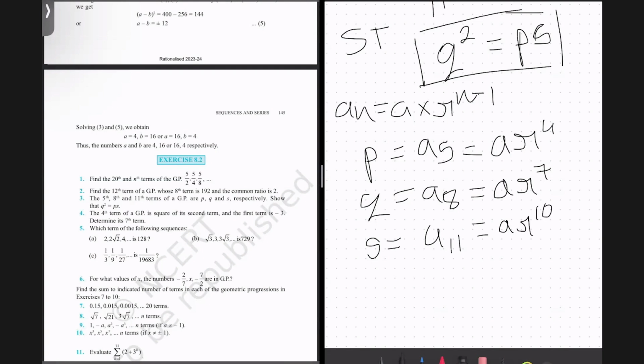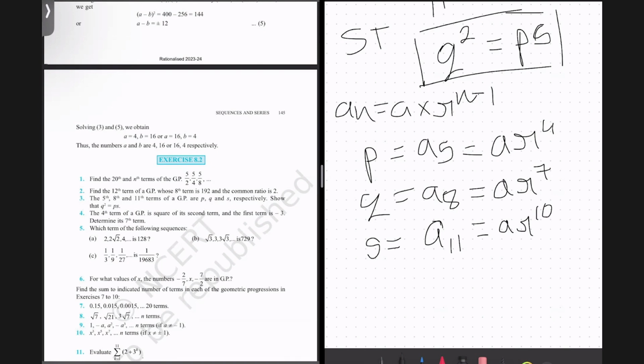So we have P equal to A R to the power 4 as the fifth term, Q as A into R to the power 7 as the 8th term, and S as A into R to the power 10 as the 11th term. We have these three terms in our description.